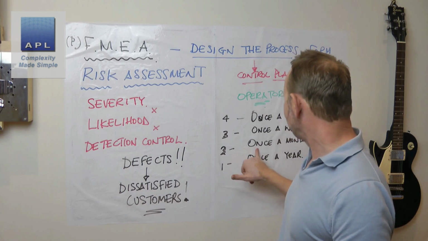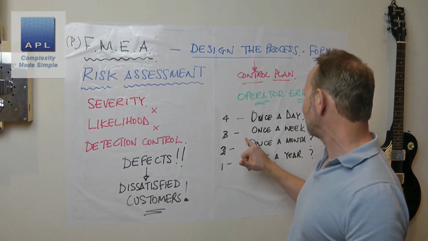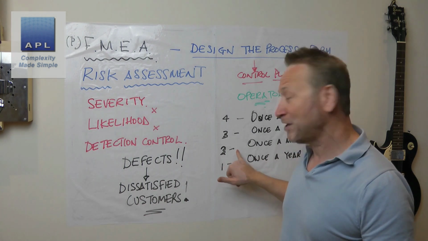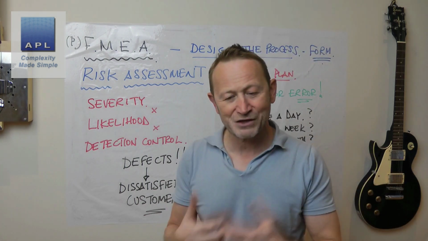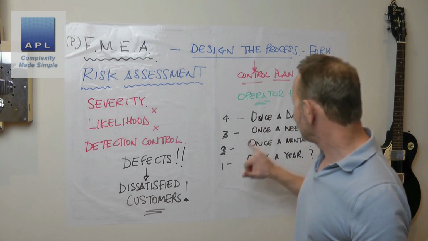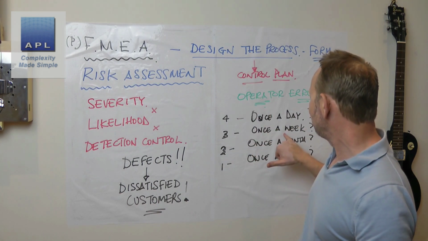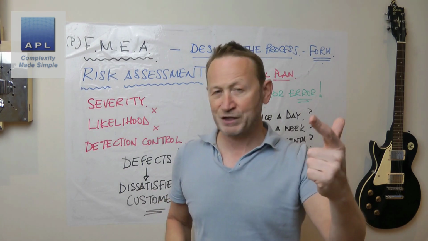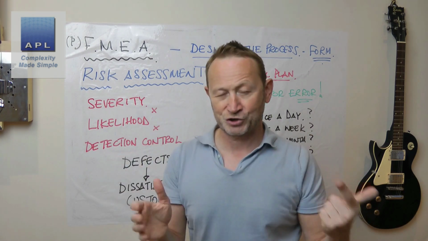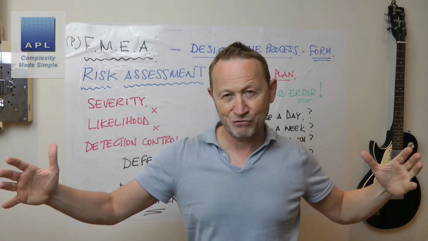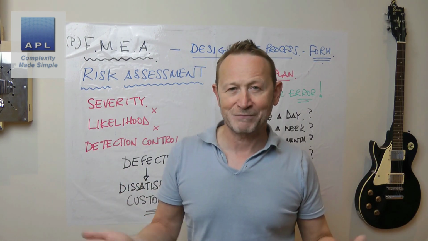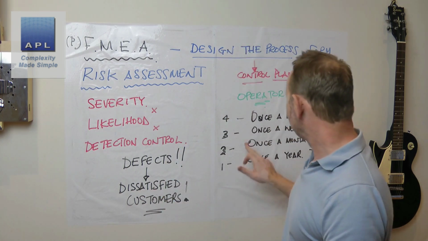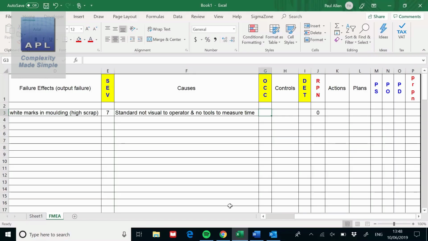So we might make that mistake once a week, we might make that mistake once a month. And the idea is that it becomes very easy to say, okay, we'll pick a 2. Yes, okay, we'll pick a 3. Now in this case, I'm going to pick a 3. I think if we're not telling people what the standard is, and we don't give them tools to help them judge how dry the material is, how long it's been in the dryer, I would expect us to make that mistake just by accident once a week. So I'm going to give that a score of, in this case, 3.